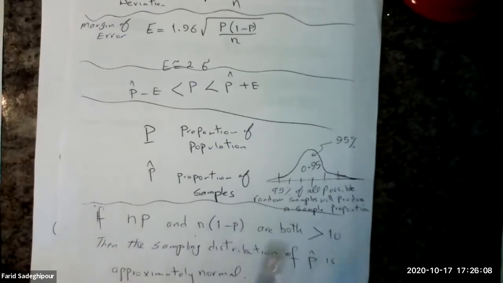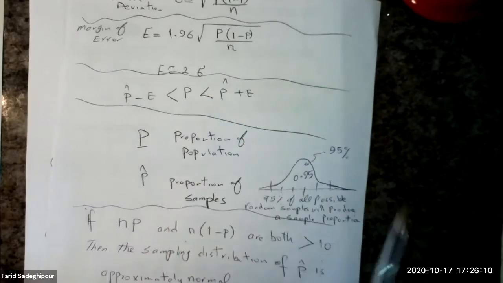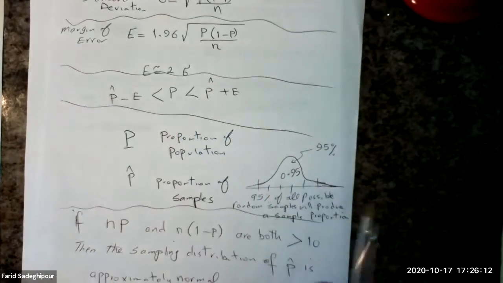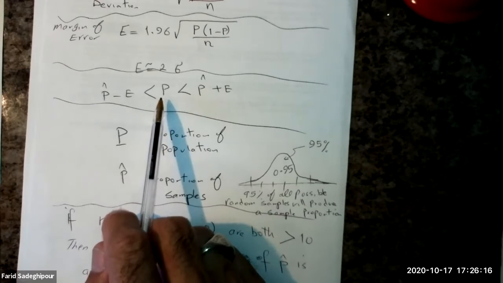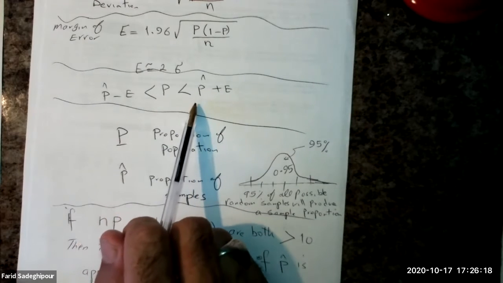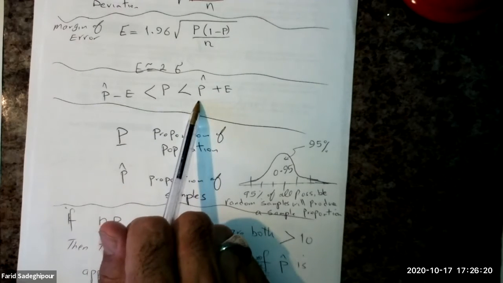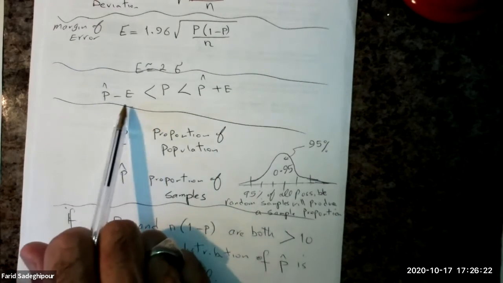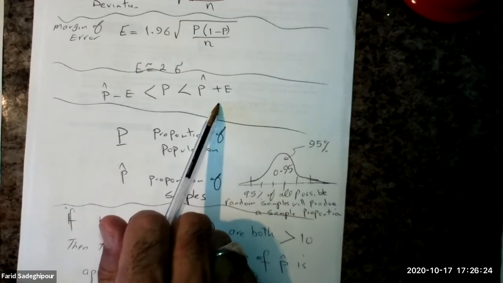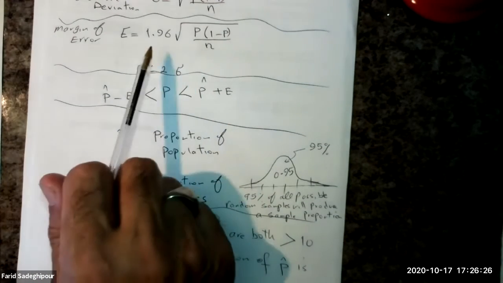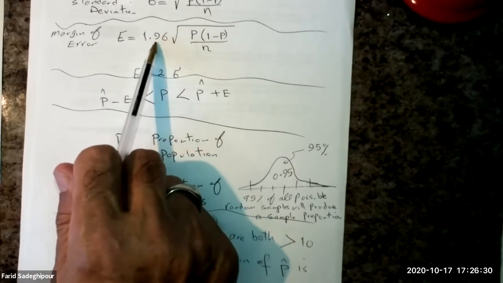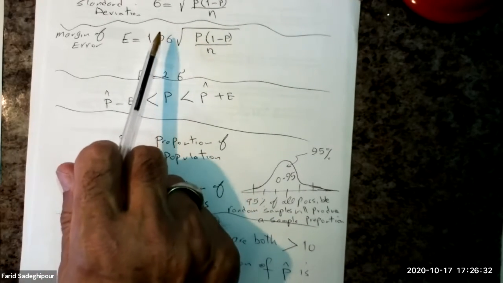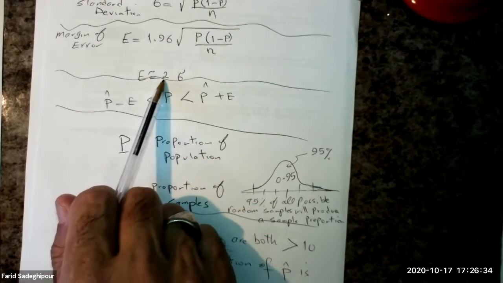For that, this is the formula to use. The population proportion always falls between the sample proportion minus E and the sample proportion plus E. What is E? They call it the margin of error. Normally in the problems, you have 1.96, which is for 95%, or we normally use 2.